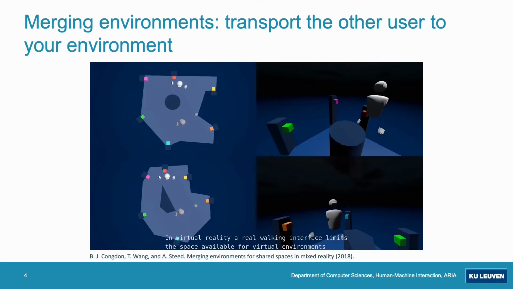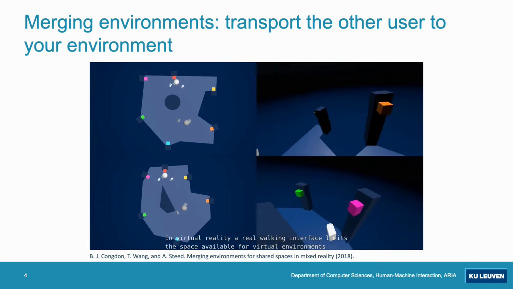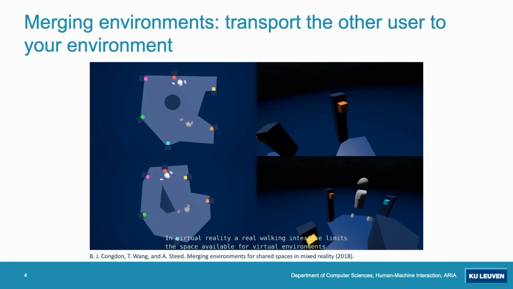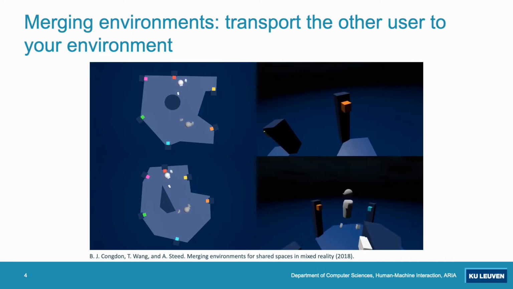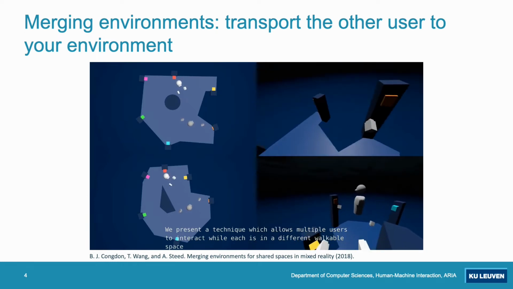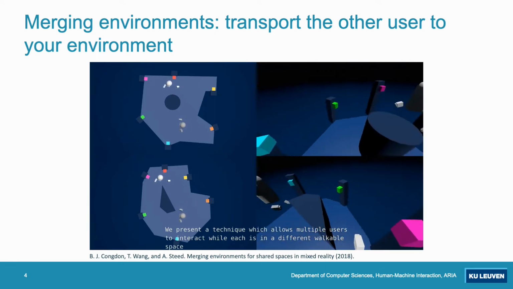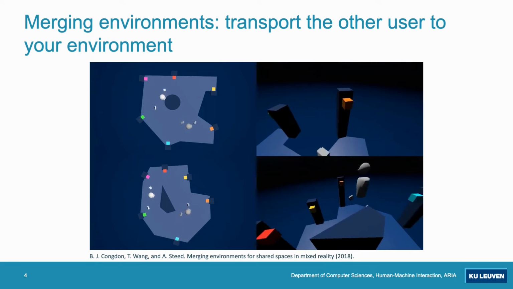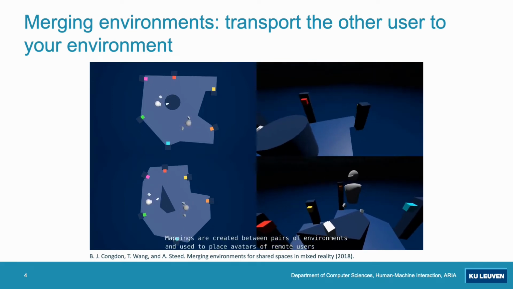And then the next example is merging environments. And here you have, again, two people in different environments, but they can again work together and see each other in their respective environments and can have a little bit of interaction.